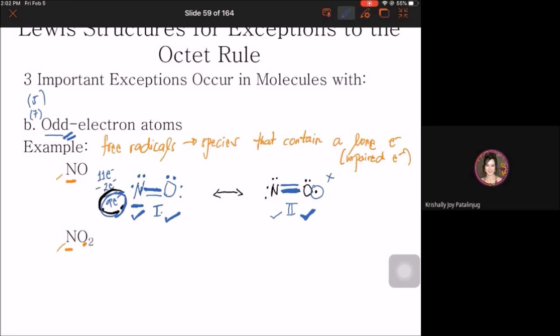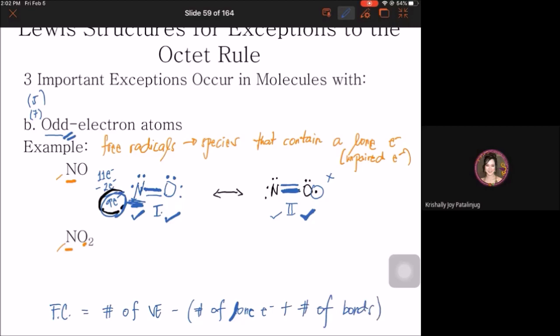Okay, let's check the formal charge again. To make computing the formal charge easier, let's repeat the formula: the number of valence electrons of that atom, minus the number of lone electrons, or the unshared, plus the number of bonds.